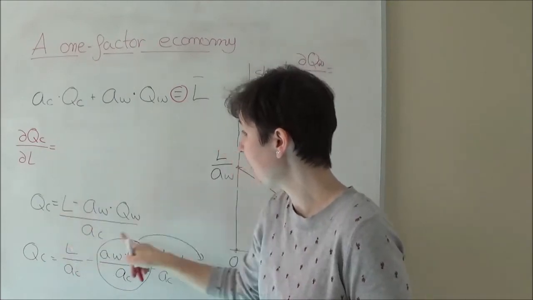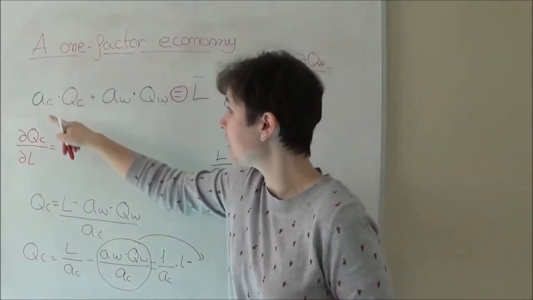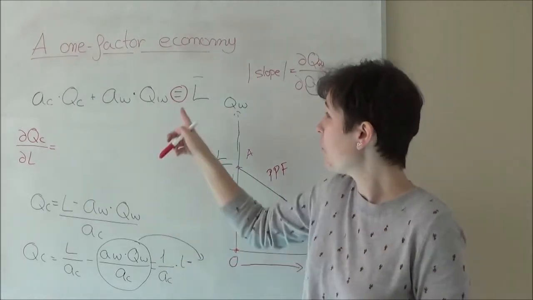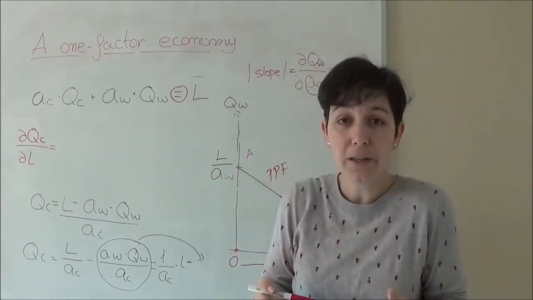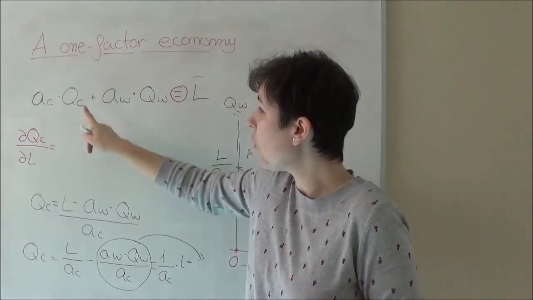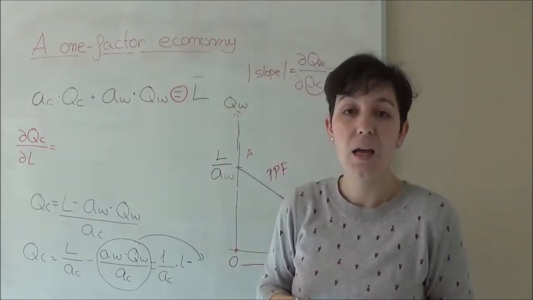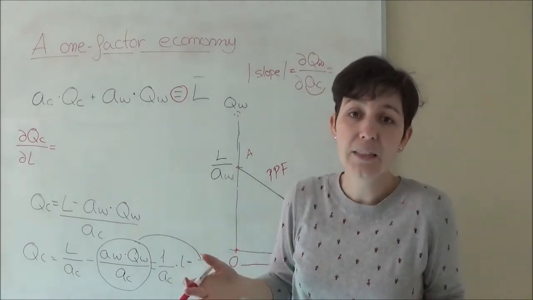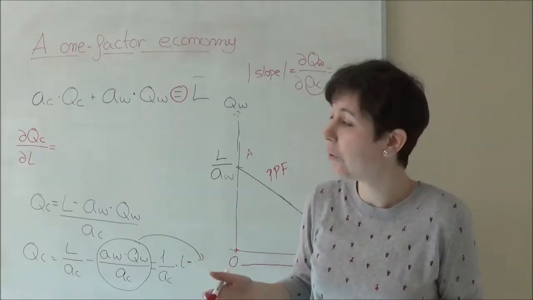So please think. This is coming from this general expression where we are assuming that all the workers are working. They can be working here in the cheese sector, or in the wine sector, or a combination of these 2 sectors, okay?